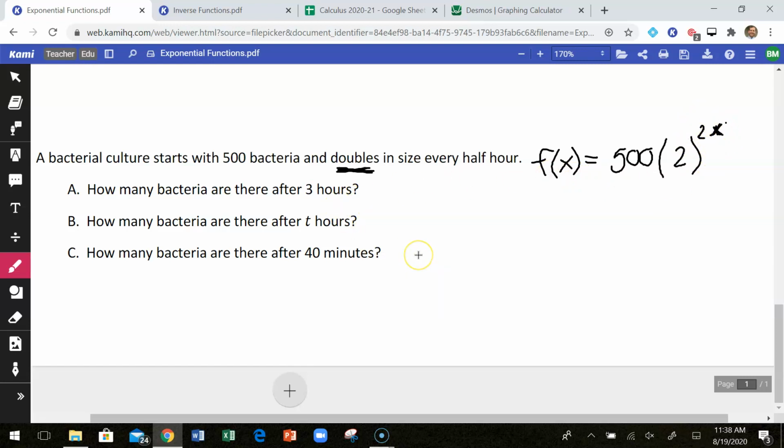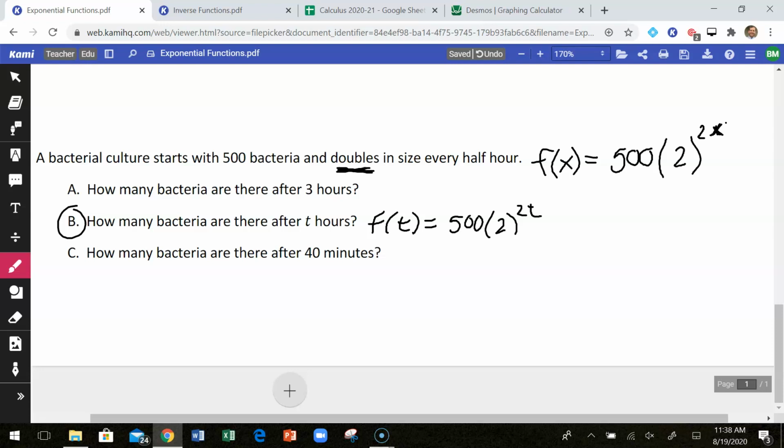All right. So to answer question B, we've basically done it, but it says after t hours. So I would want to know what f of t is, where t represents the number of hours. We're going to write that function where the independent variable is t and not x. Same thing there. How many bacteria are there after 3 hours?